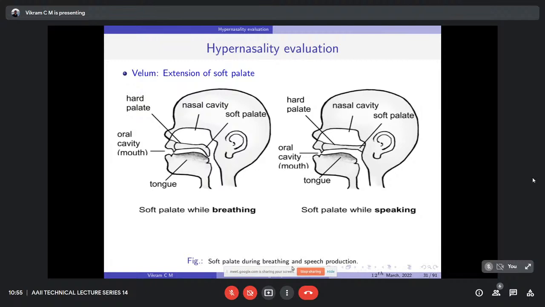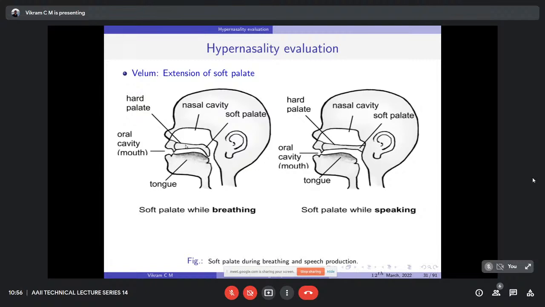In layman's terms, we sometimes say, right, the person is speaking through the nose, the speech is coming from the nose. These kinds of terms we generally hear for persons with cleft lip and palate.